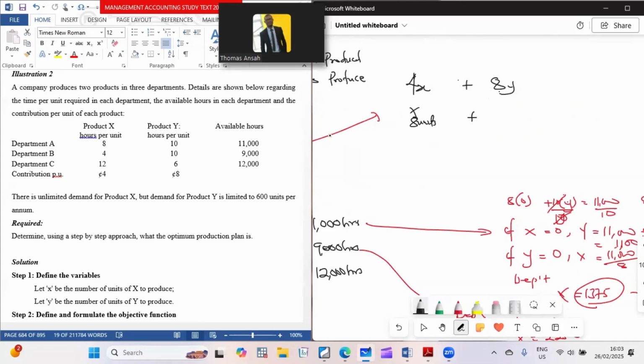And if I tell you that I'm producing 4 of y, here will be multiplied by 4 units. And you realize that this will give me a 32, and this will also give me a 32. It's just an assumption that if I sell 8 units here and 4 units here, it gives me this. So you could clearly see the correlation between these things.